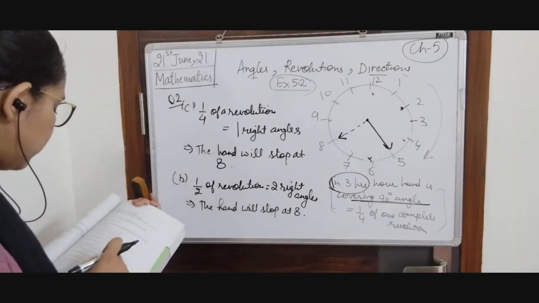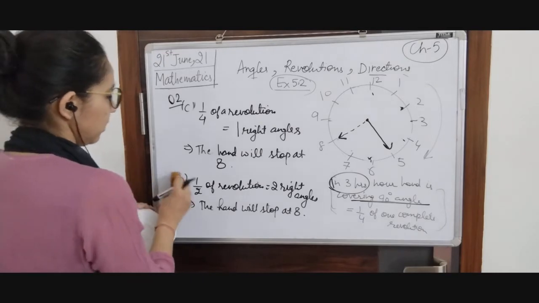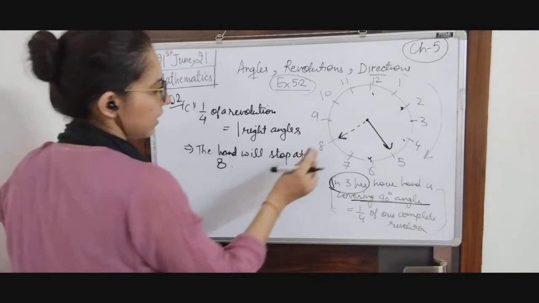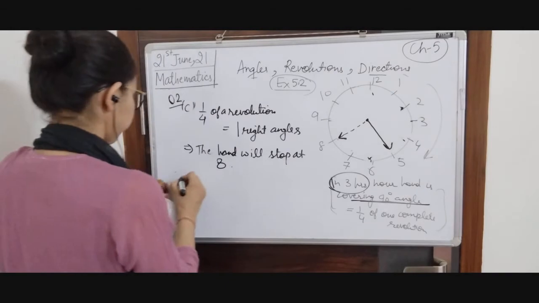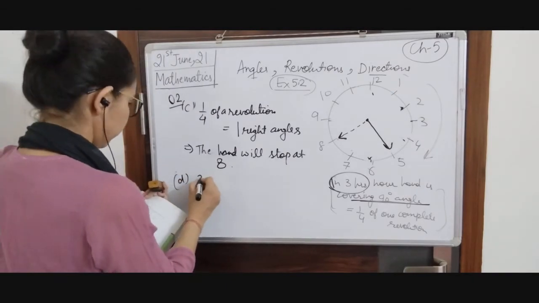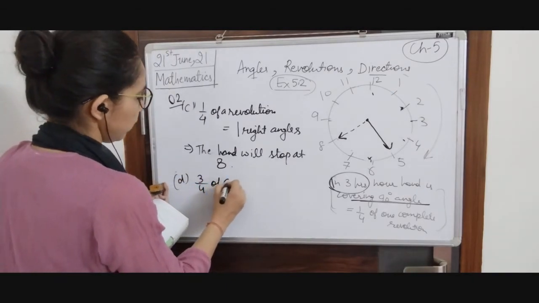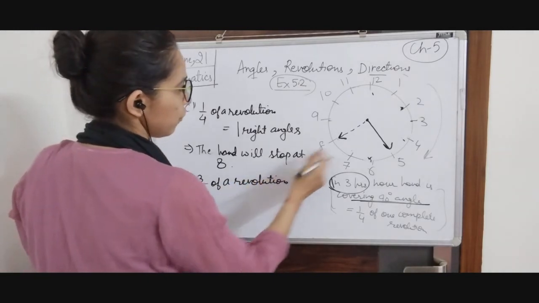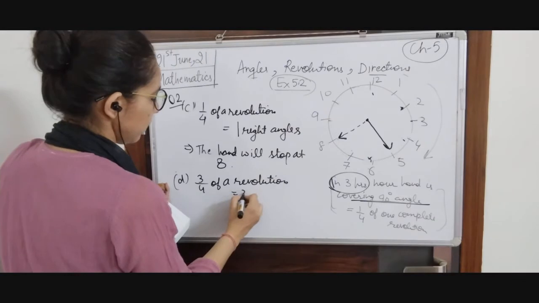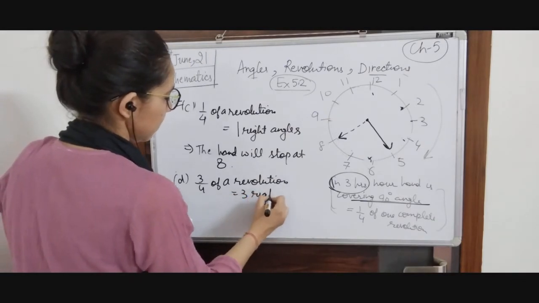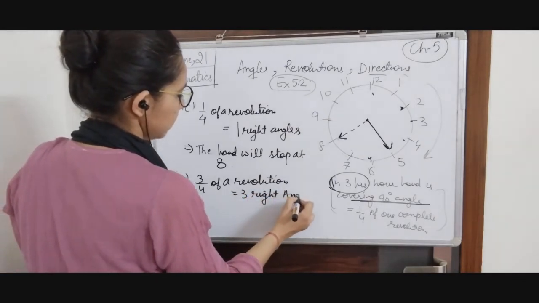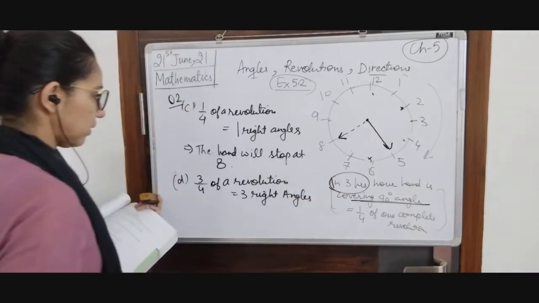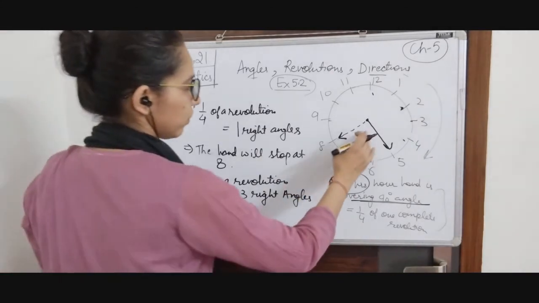Next is D part, it starts at 5, and it is covering 3/4 of revolution. 3/4 of revolution means it is going to cover 3 right angles. 3/4. 1, 2, 3.